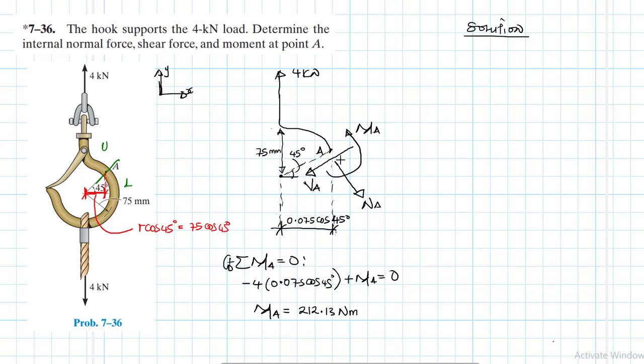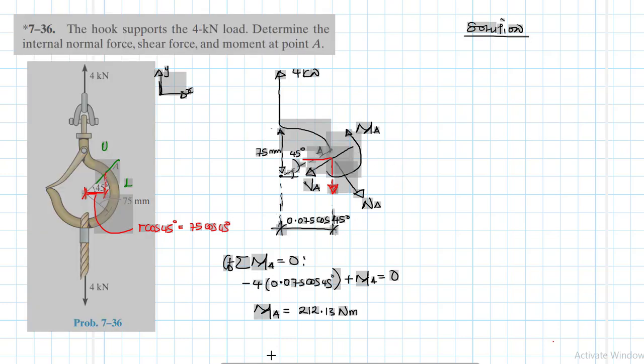So now let's find the components of normal and shear force. Before we do so, we need to divide this into x and y. Let's start with the shear force. The shear force is going to have a downward component like so, and then it will have another component in this direction.